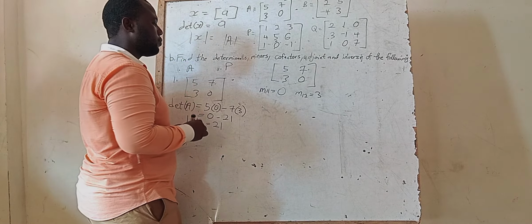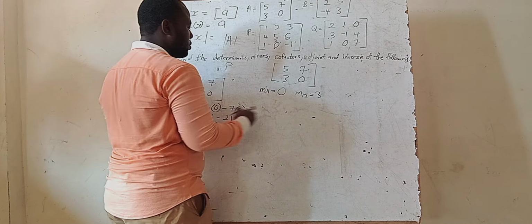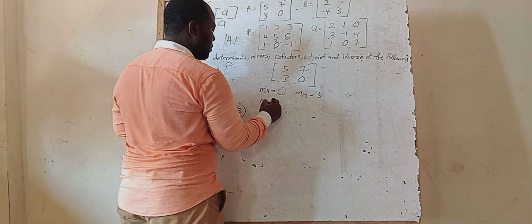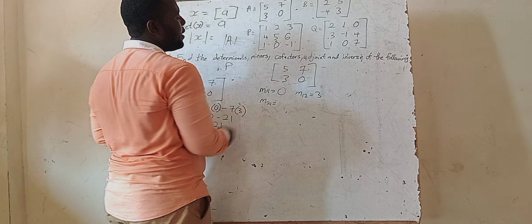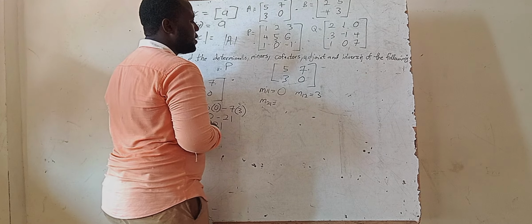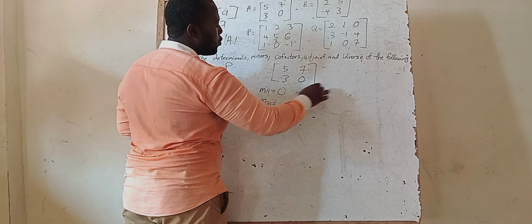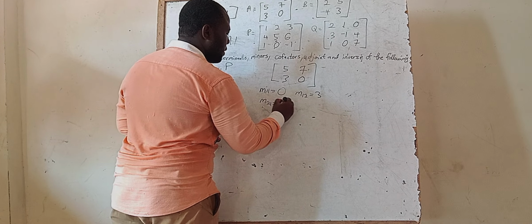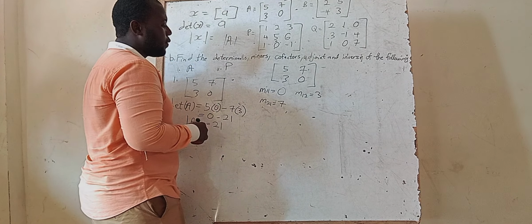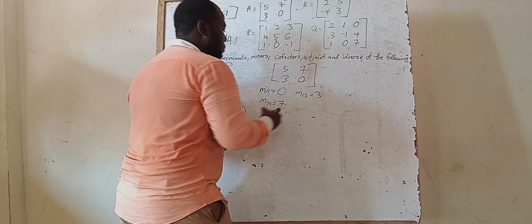This one is M21. So we are finding minor M21. We take the number, eliminate every number on its row and column. It will be left with 7. So 7 will be the minor of M21. Let's move to M22.